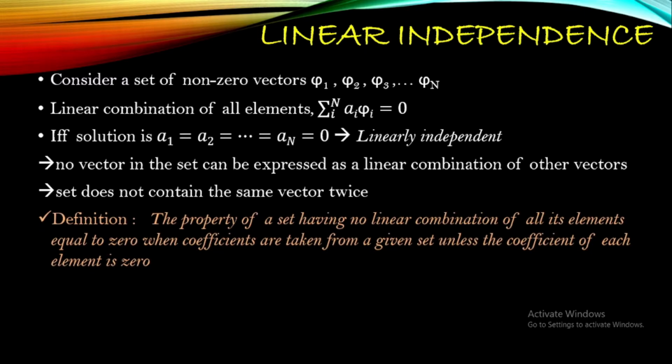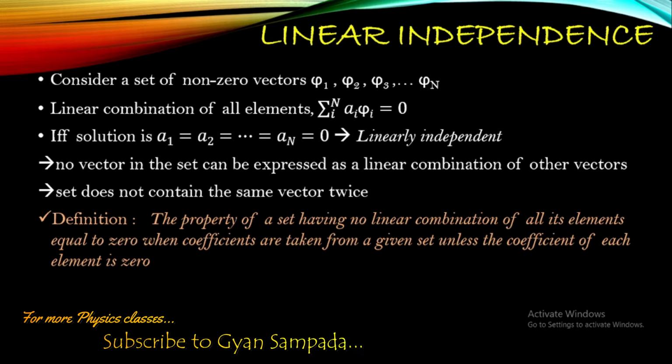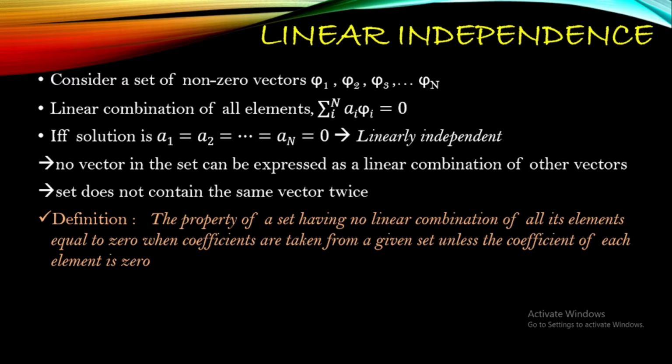So if we need to define it, we can say that linear independence is the property of a set in which the linear combination of all its elements equals 0 only when the coefficient of each element is 0. Whatever we have discussed here has been put in the form of statements.